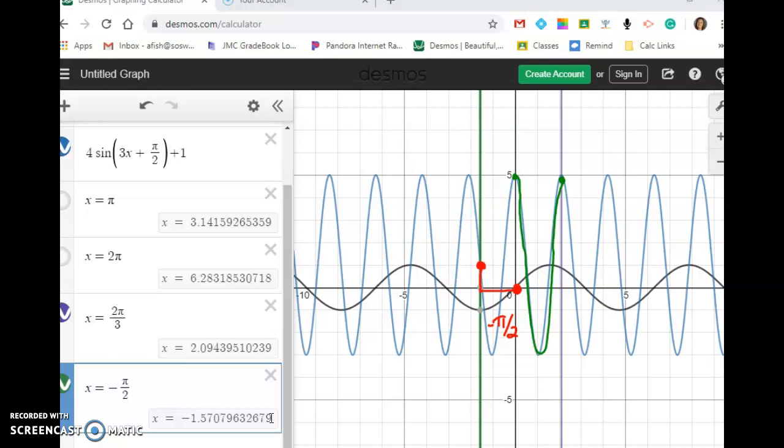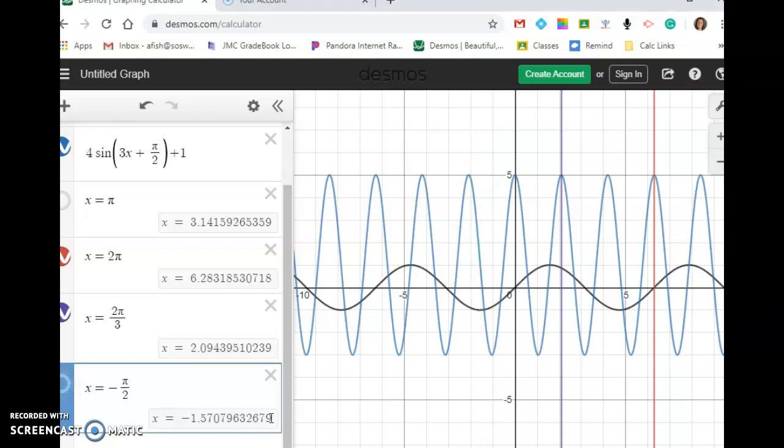But if I was looking at the whole picture to 2 pi and how many I have there going on, we can see that if this is our starting point, we completed 1, completed 2, completed 3. Completed 3 whole waves within that 2 pi.